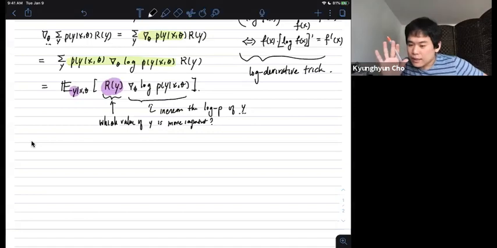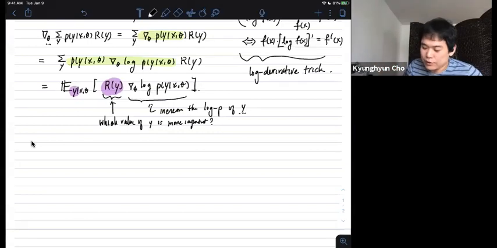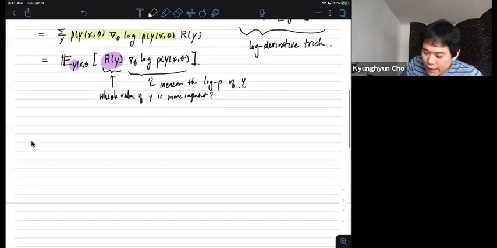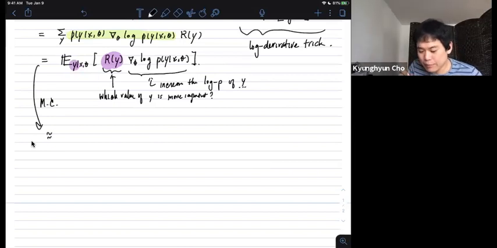Now, of course, that does not mean that this is not useful. The fact that we wrote it down as an expected weighted gradient means that we can now use the Monte Carlo approximation. Monte Carlo estimation, where we sample from y given x and theta, that is the output from our machine, and then use that sample to approximate this expected value.